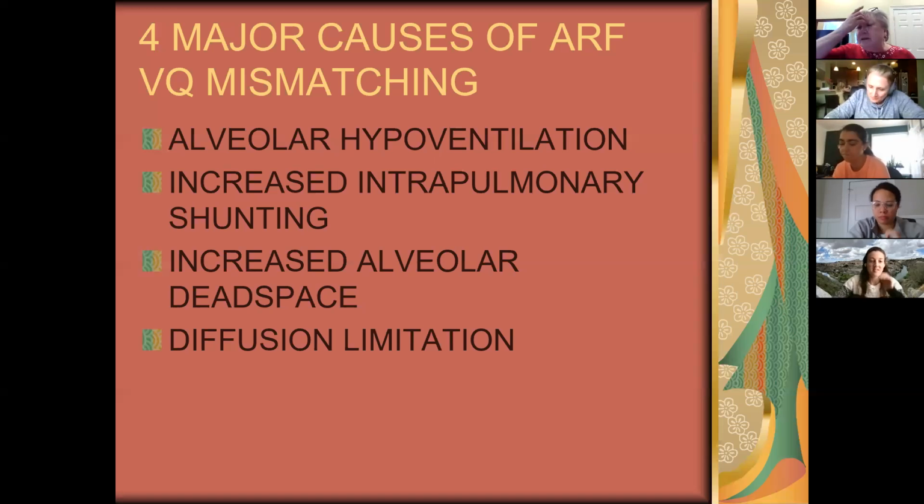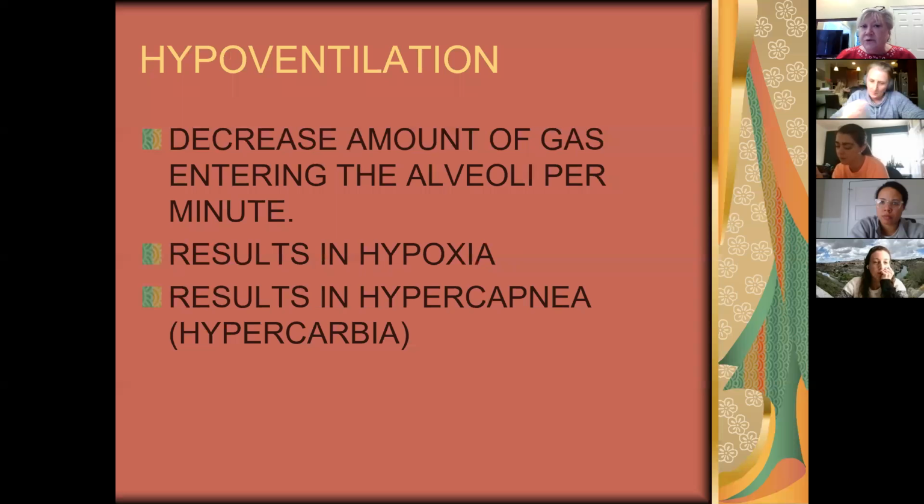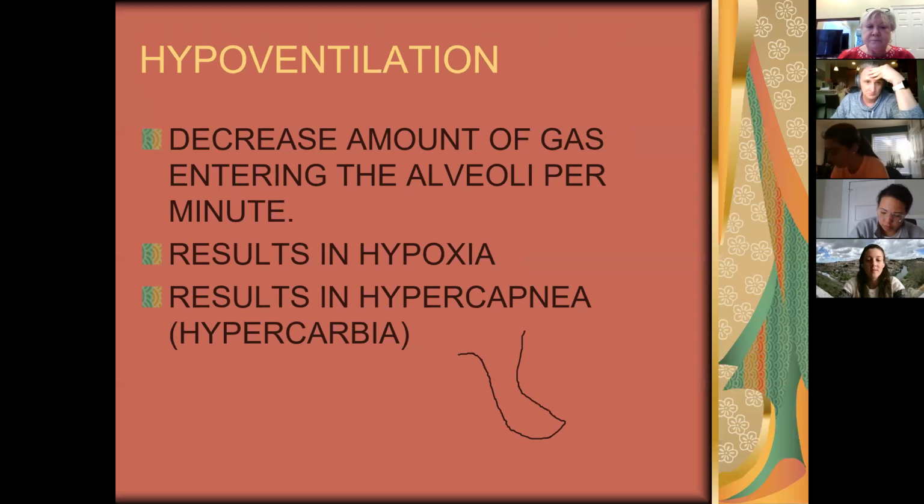So there's 4 conditions that are going to result in a VQ mismatching. And if you have a mismatch, your patient is going to become hypoxic. So the first one is hypoventilation. With hypoventilation, it's on the ventilatory side.